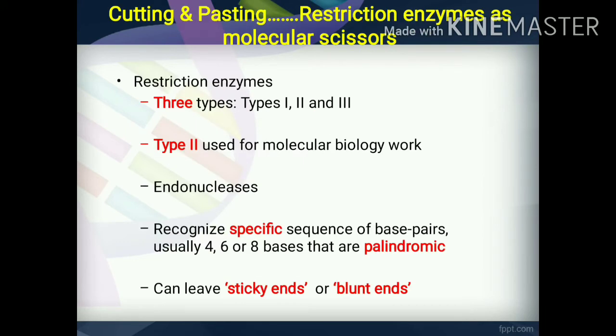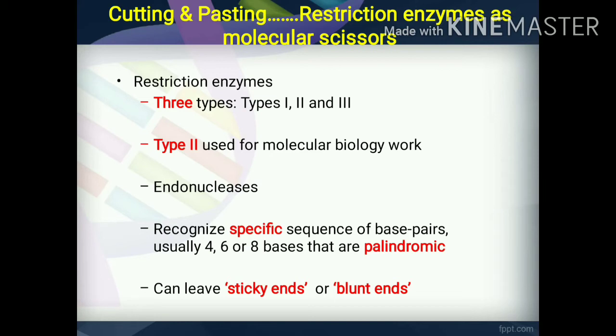Cutting and pasting. Restriction enzymes, as molecular scissors. There are three types of restriction enzymes, type 1, type 2 and type 3. They are very well known and have slightly different modes of action. Type 2 restriction enzymes are used in rDNA technology because they can be used in vitro to identify and cleave within specific DNA sequences, usually having 4 to 8 nucleotides.